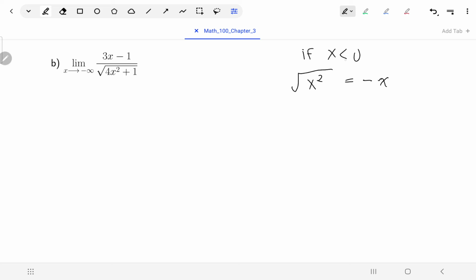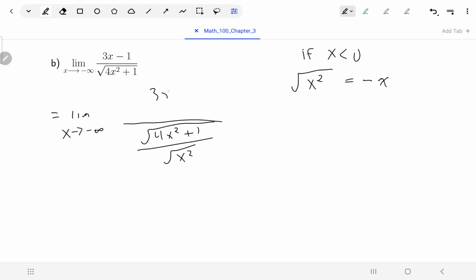So when x is some sort of negative number, the square root of x squared is the opposite of whatever x is. So that means that when I'm doing my division, if I want to divide the bottom by root of x squared, then that's the same thing as dividing the top by negative x.